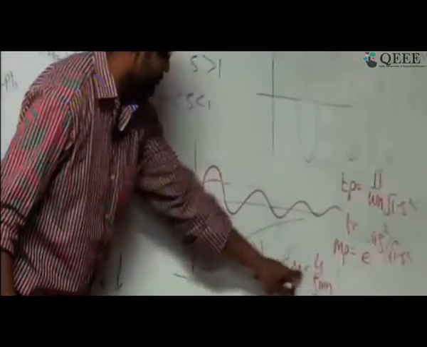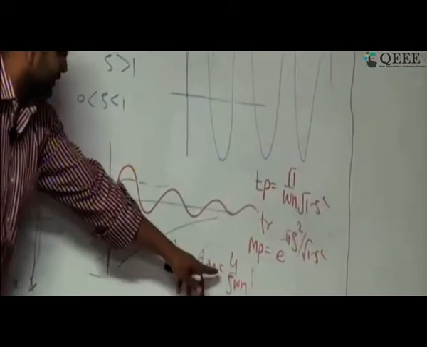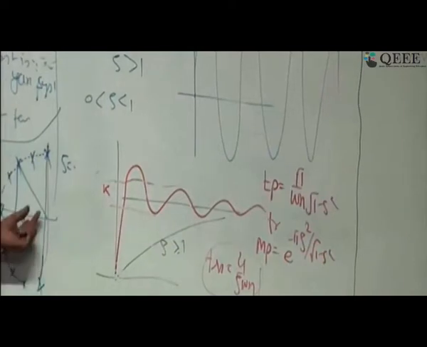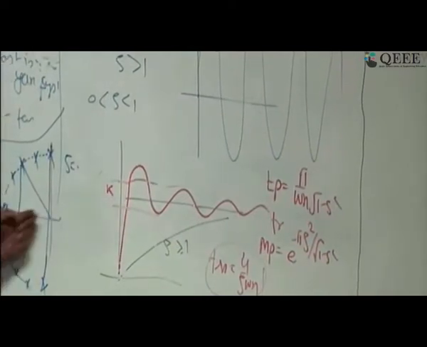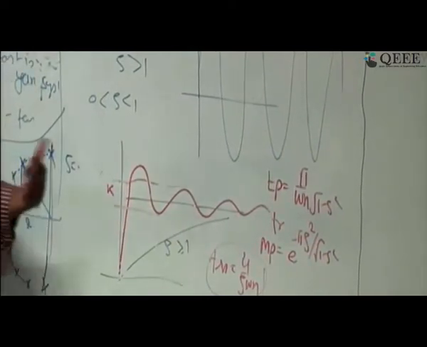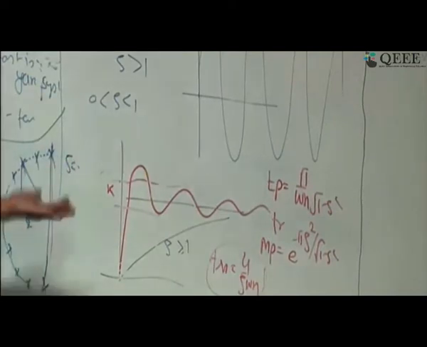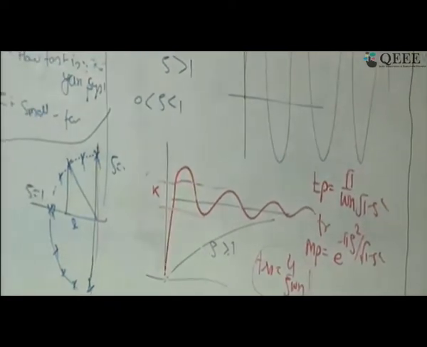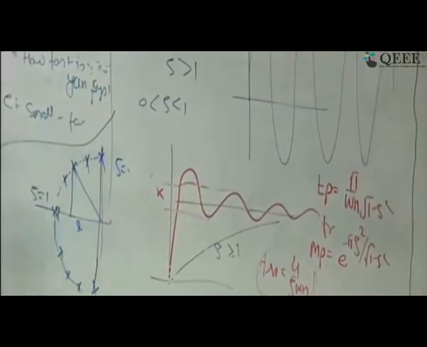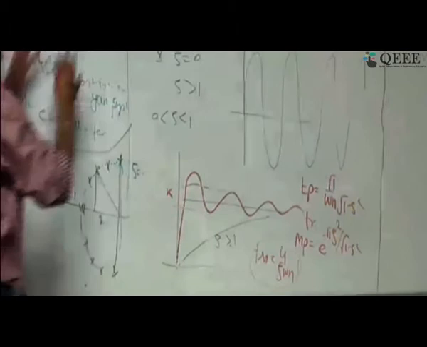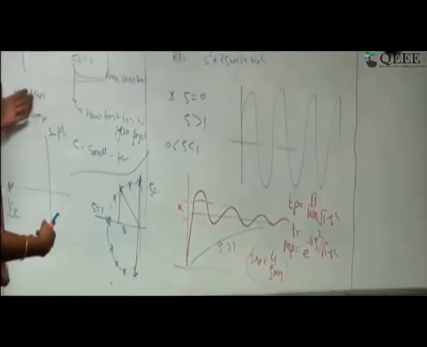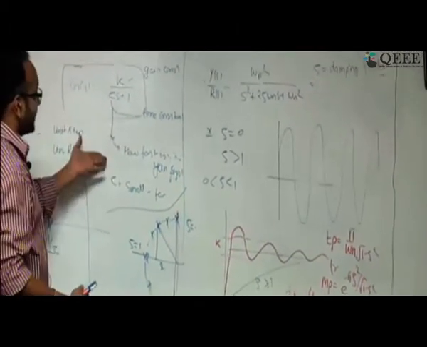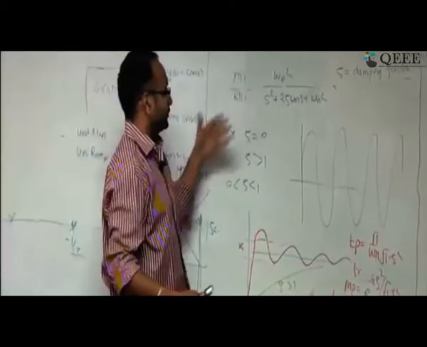Can you see that in 4 by zeta omega n, settling time is inversely proportional to zeta omega n? It means if my poles are a little bit further away on this side, I will say my system is going to be fast. Settling time is small, my system is fast. Okay, this part is clear: we have studied the first order system, second order system, and what the desired characteristics are. In this case, poles should be far away, otherwise the time constant. In this case also there is going to be a conjugate pole.